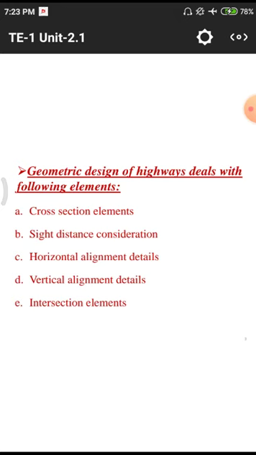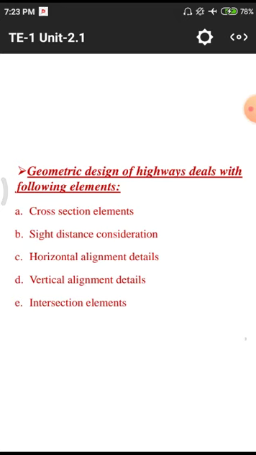Normally on highways we have both entry and exit gradients. At the entry gradients we have these cross sections, at the exit gradients we have intersections. Likewise we have different kinds of cross sectional elements and intersectional elements. We need to consider those things also in designing these national highways as part of geometrics.